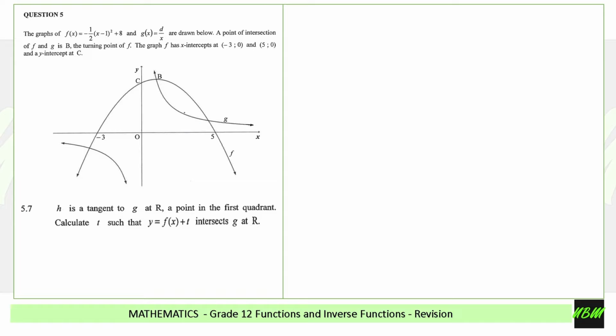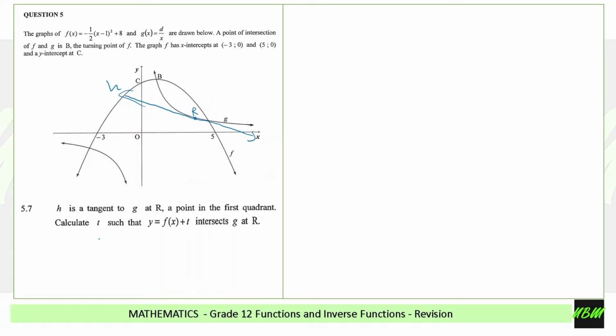So if we are to visualize, let's say r is a point somewhere here, then what will be the equation of h? Roughly, this will be the equation of h.